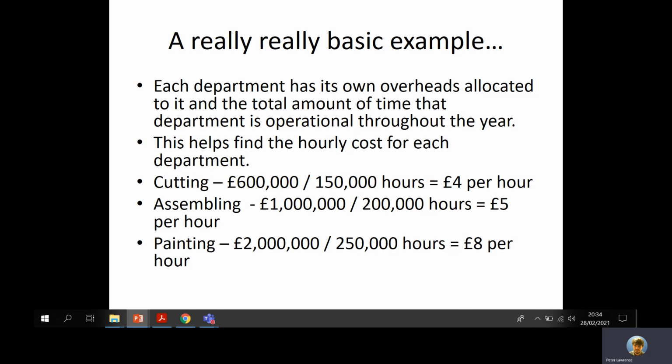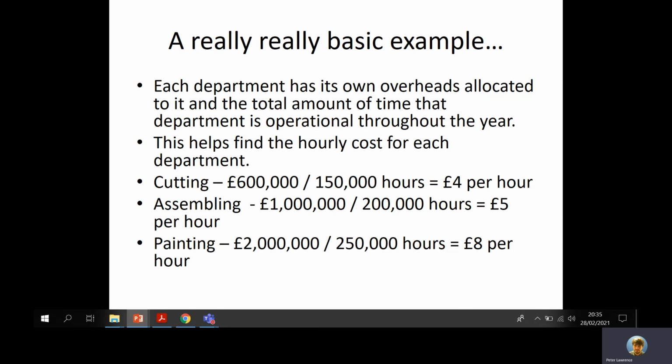So each of those 3 production departments has overheads allocated to it, and the total amount of time that the department is operational through the year. The cutting department has £600,000 of overheads and 150,000 operational hours, so it costs £4 for every hour in that department.